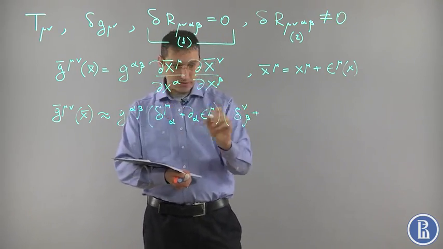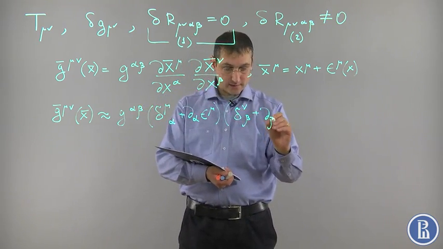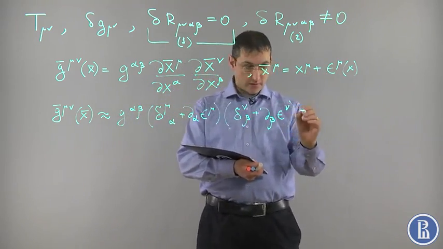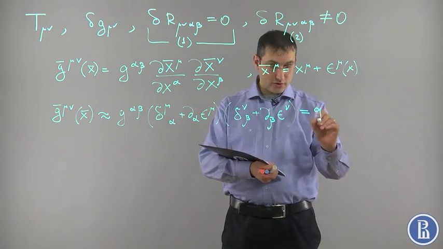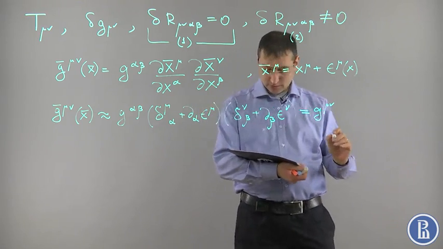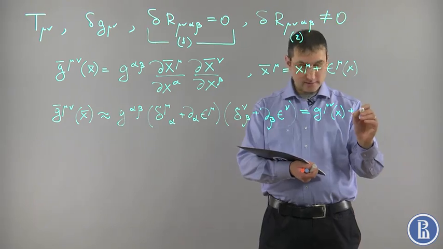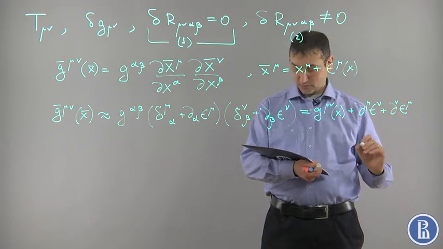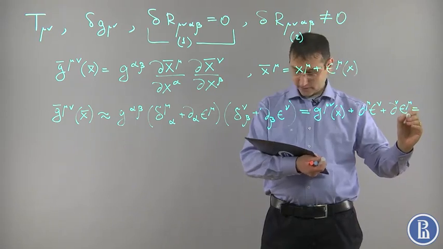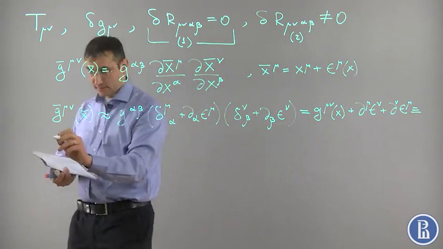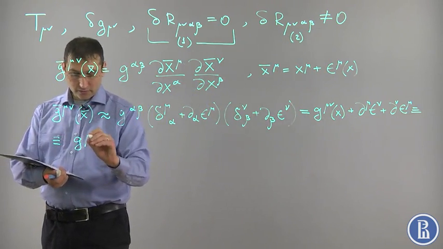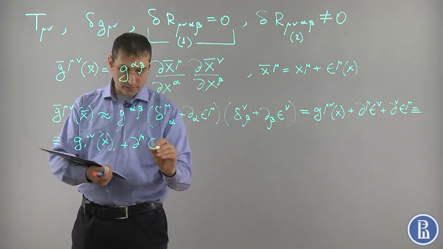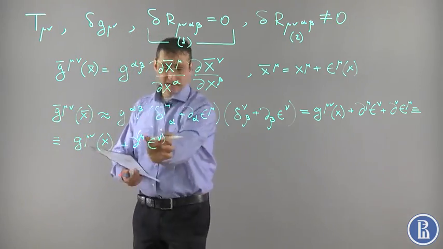These are just Kronecker symbols. That just follows from plugging this in. So this is already g mu nu of x plus d mu epsilon nu plus d nu epsilon mu. And this we denote as g mu nu of x plus d mu epsilon nu symmetrized. So this is a symmetrization of indices.